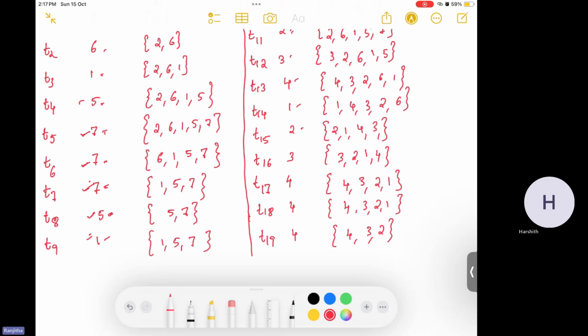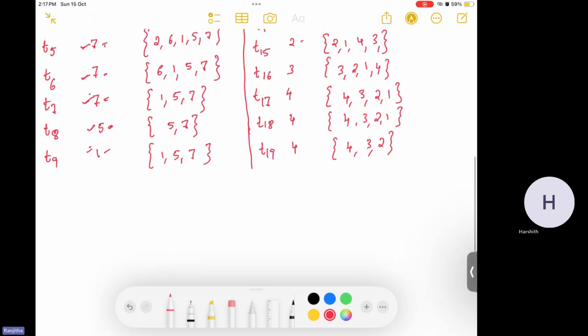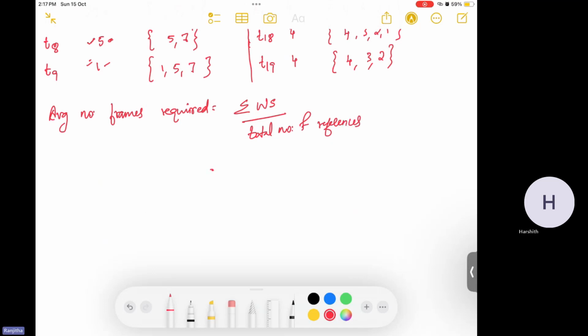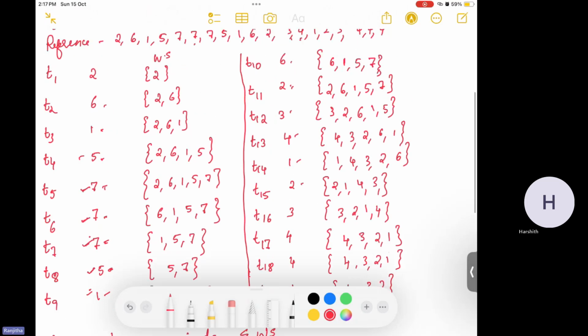Now, for this particular process, if we need to bring down the page faults, the average number of frames required will be equal to sigma working set sizes divided by the total number of references. So if you see here, what is the size of the working set here?